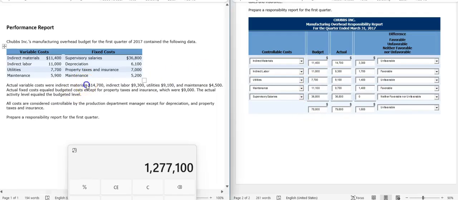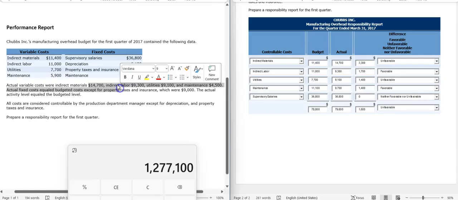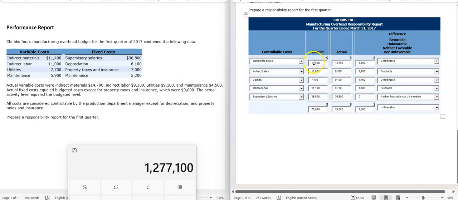I'm going to bring in my actuals for materials, labor, utilities, maintenance, and then the actual fixed cost for property taxes and insurance, which were $9,000. So bringing my actual amounts in, the hardest part is done. We have a budget at the same level of activity as the actual costs were incurred.